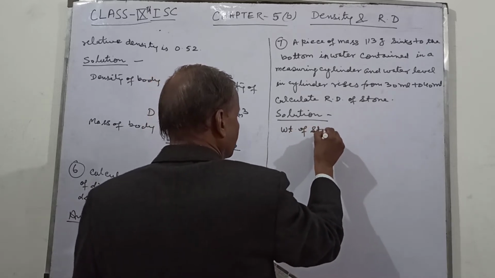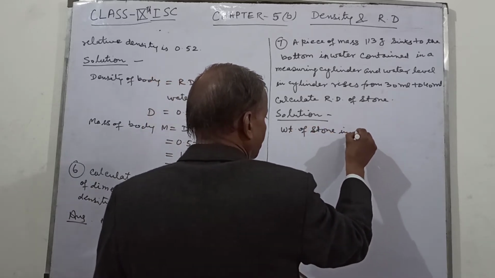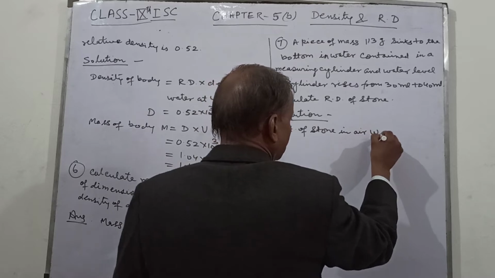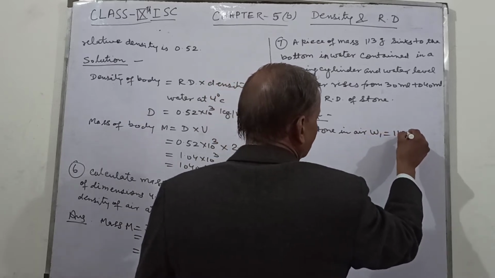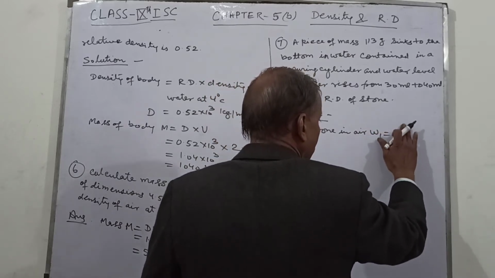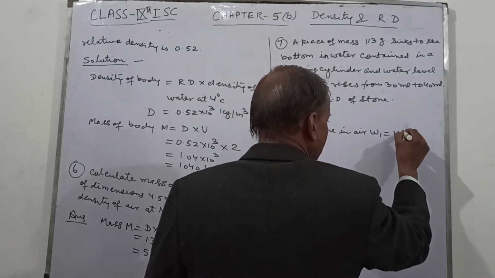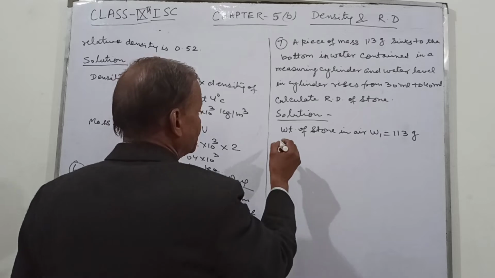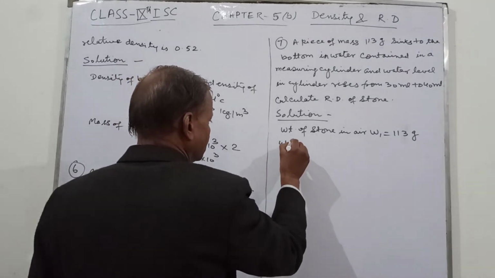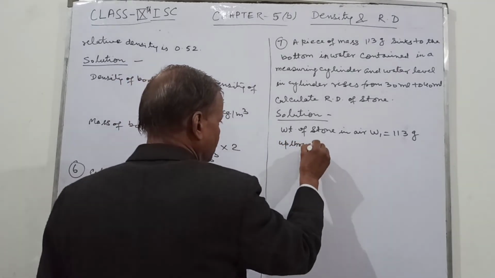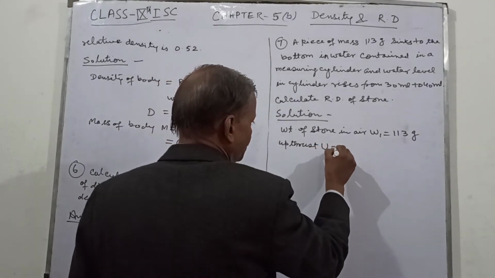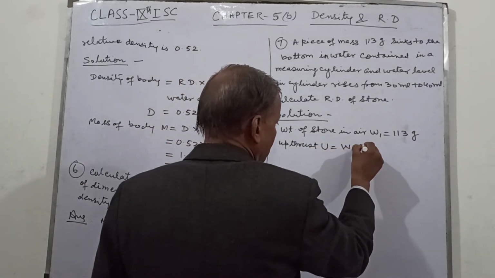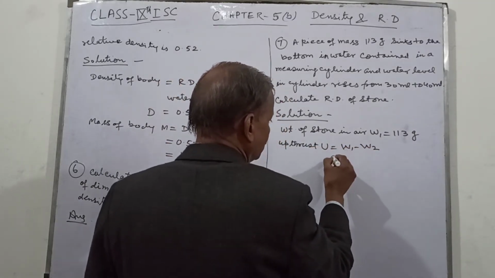Weight of stone in air, W1, is 113 grams, and the upthrust U is equal to W1 minus W2.